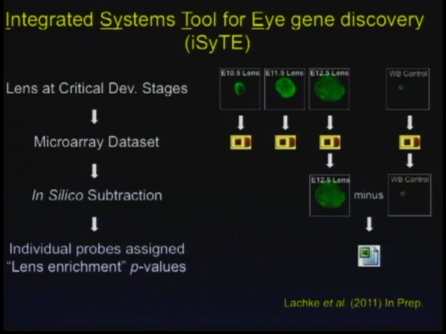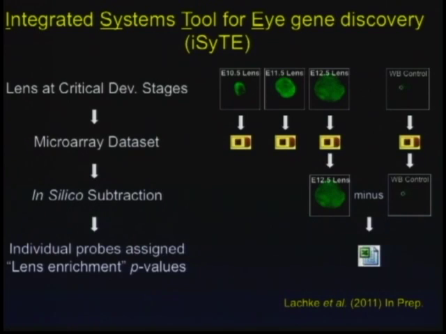And we dissected, on average, 600 lenses per biological replicate sample. We did this in triplicate, and we generated some extremely high quality microarray data sets for each of these lens sets.